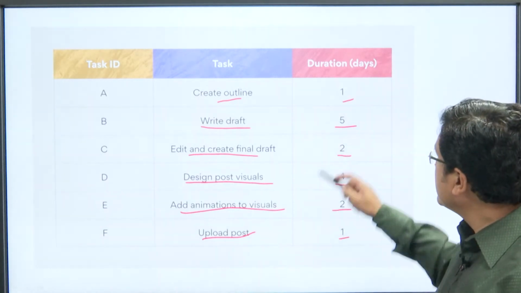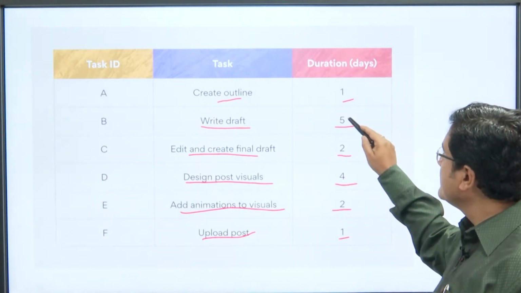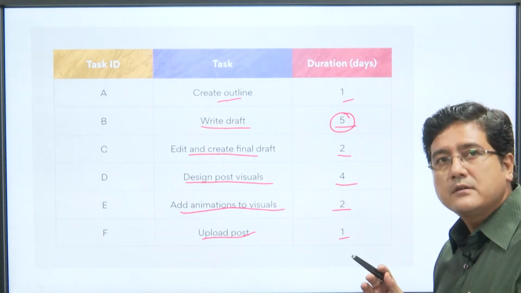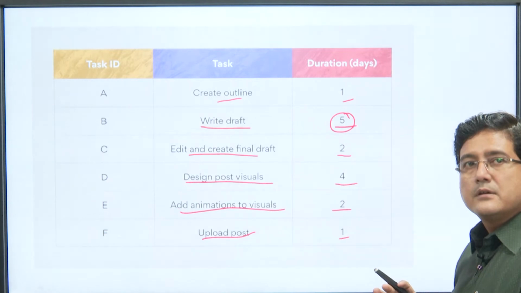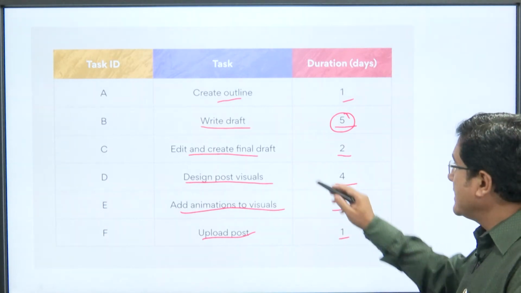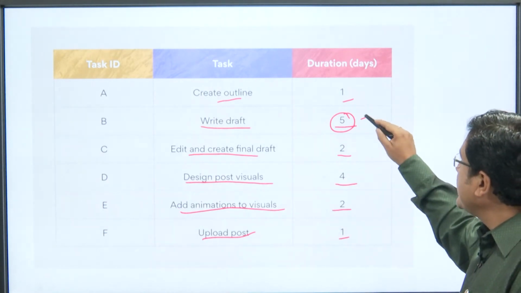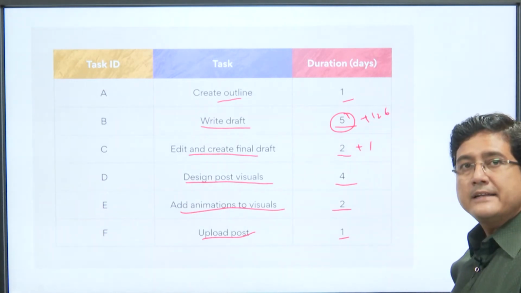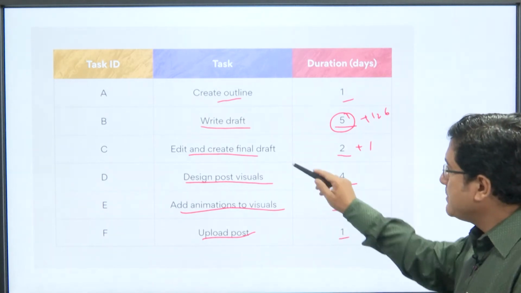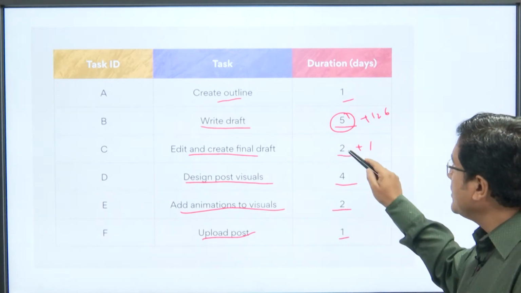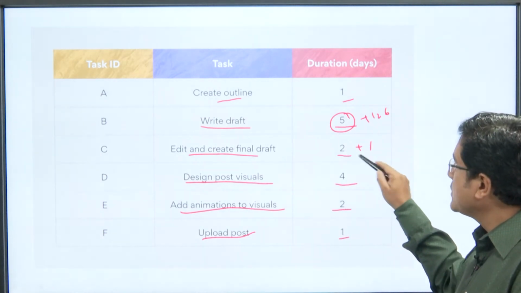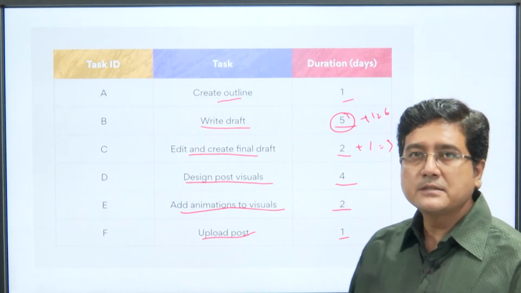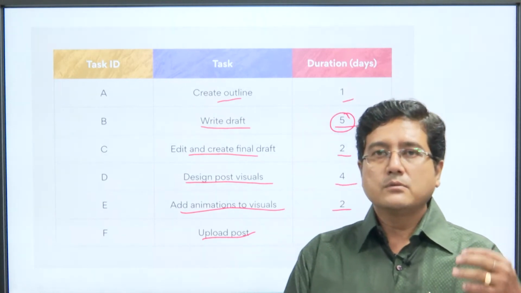First we create the outline, after that we can write a draft, and after creating the draft we finalize it. So if one person is delayed by 1 day, it will delay the next one by 1 day. If a task that should take 1 day takes 2 days, or 3 days, finally the project is delayed.